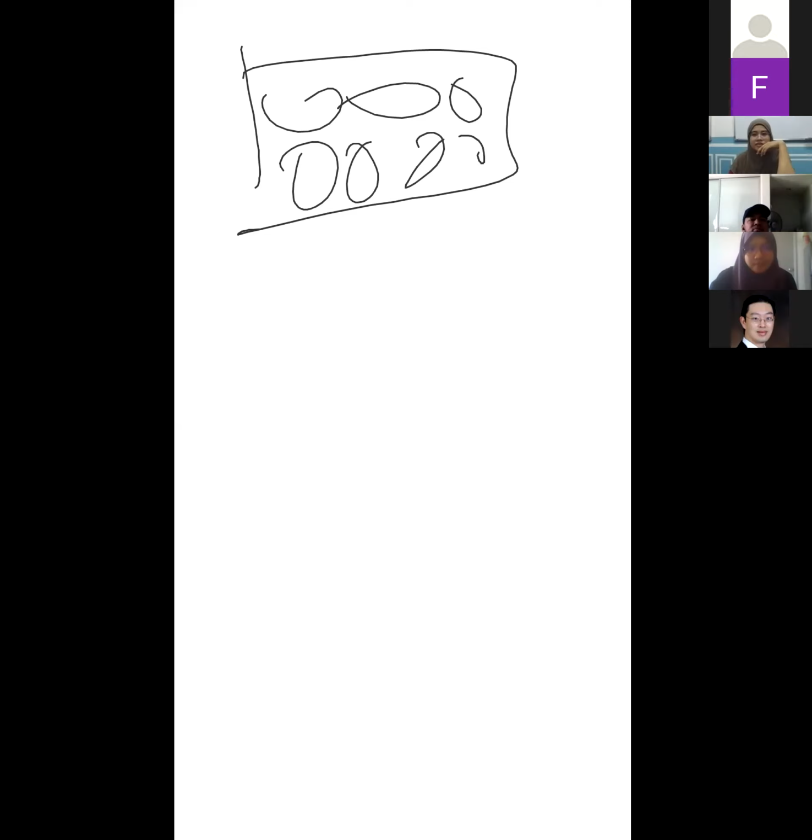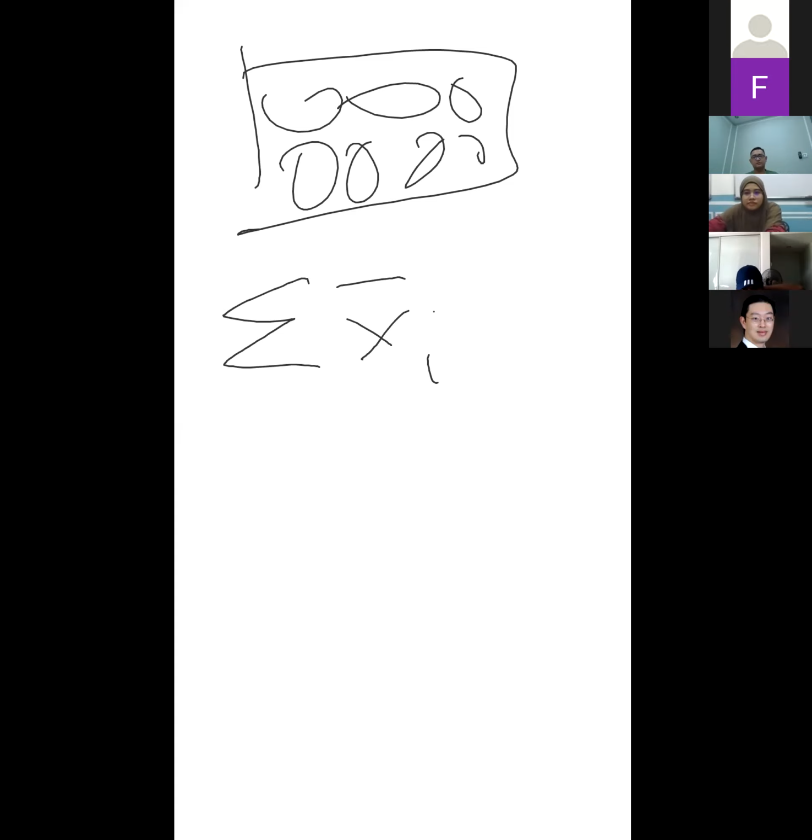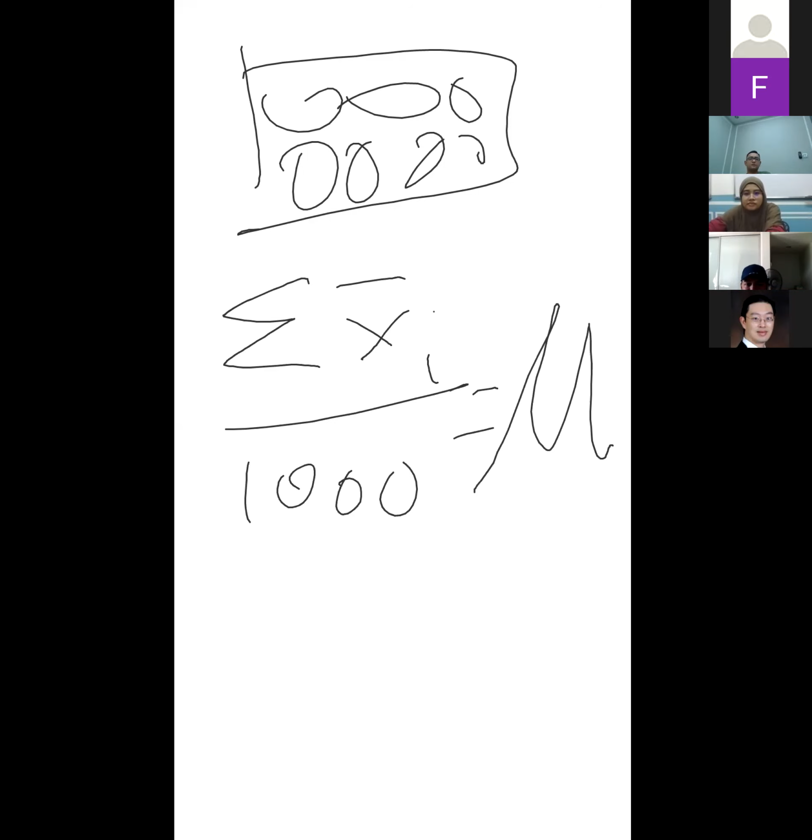Does it make sense? For us to take 100 times sample, you understand what I'm saying? It's true. If you have 1,000 X bar averages, it will surely be close to the mu.